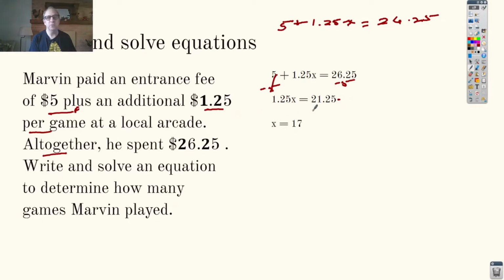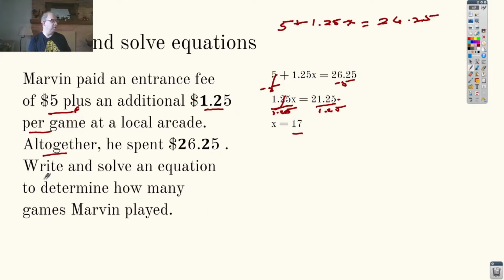So it's $1.25 a game. He spent $21.25 on the games, so take away the entrance fee. Then we divide by $1.25 each game, so that cancels out. He played 17 games.